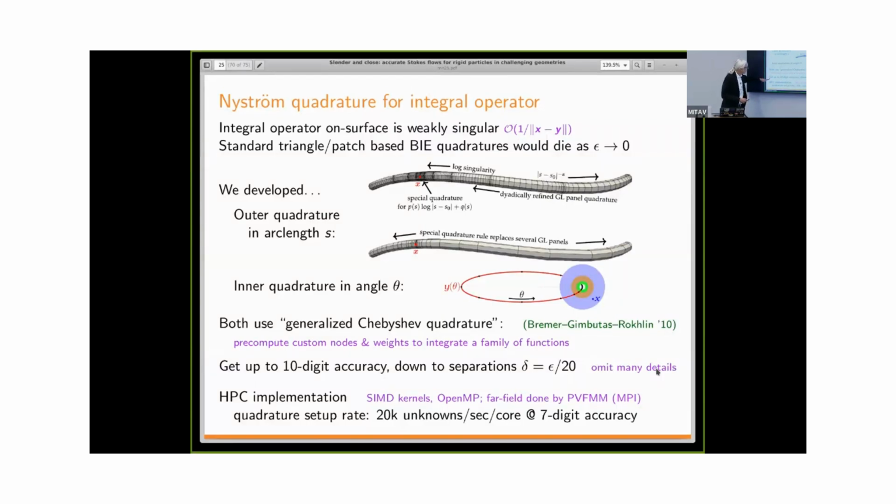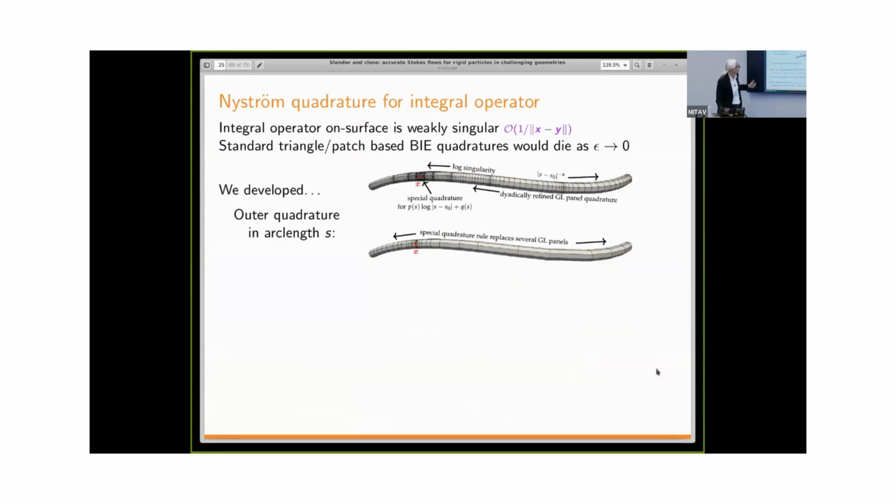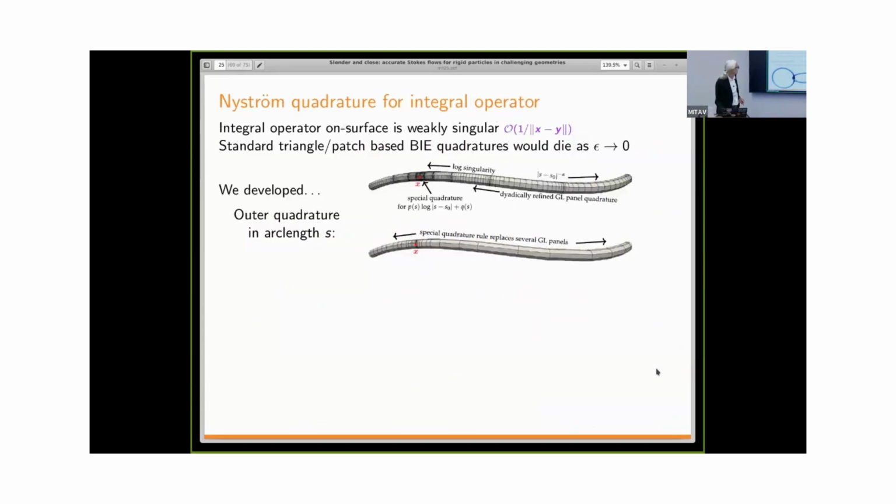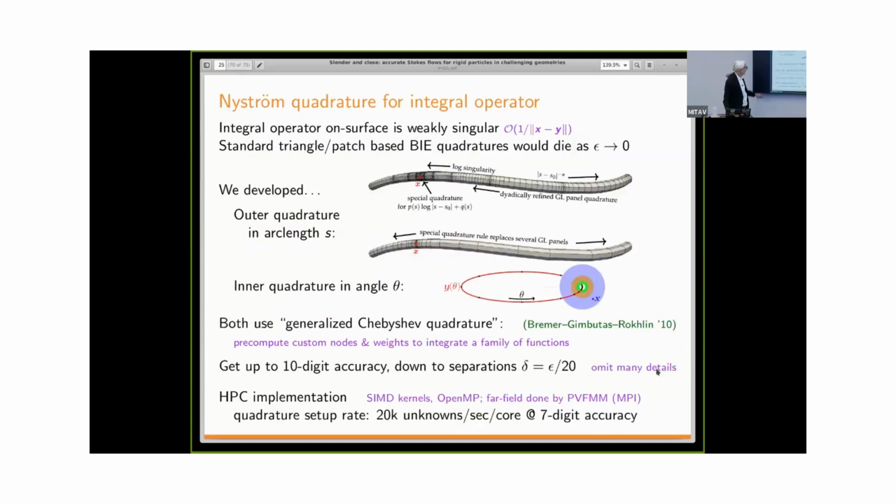Okay, we can get 10 digits of accuracy down to close separations. I showed you the response time of Zoom is long, but this separation here is like a 20th of epsilon. And Daria did an amazing HPC implementation that uses all of the tools that he's done over the years, including SIMD optimized kernels for close evaluations.